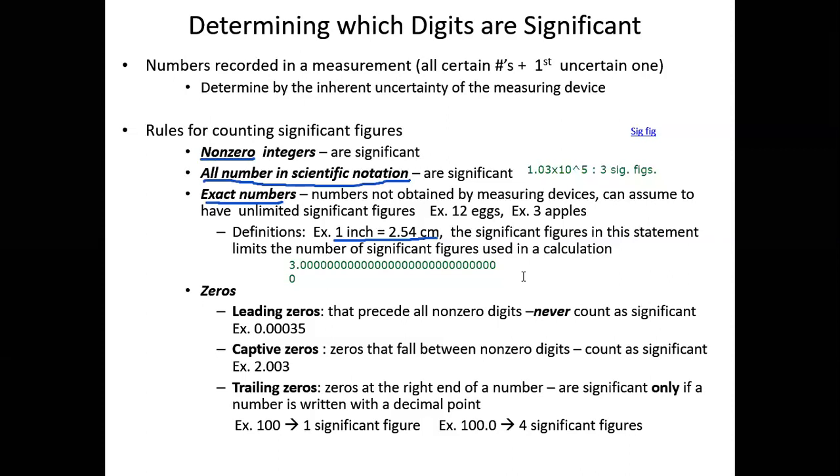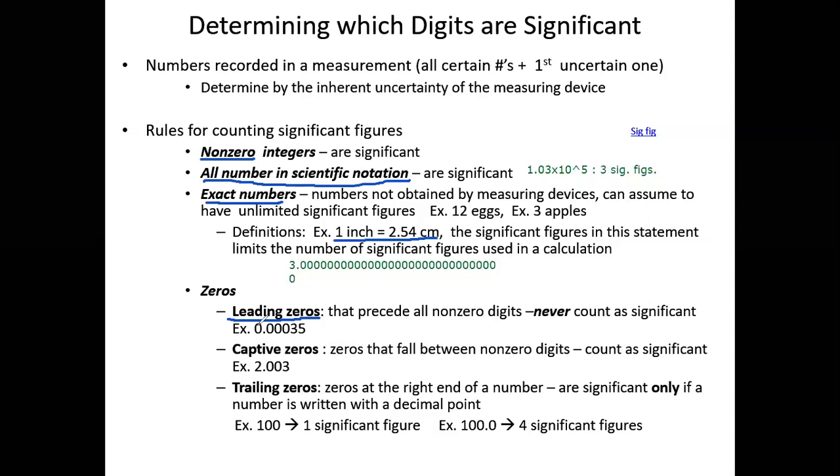Now, where the discrepancy comes from is when we have zeros. So we said when zeros are in scientific notation, they're significant. But other than that, we have 3 different types of zeros. The first one is a leading zero. Leading zeros precede the first non-zero digit, and these are insignificant.